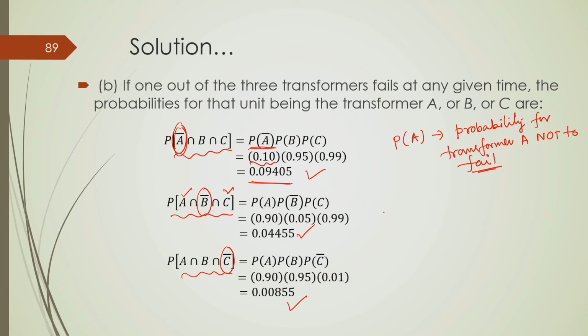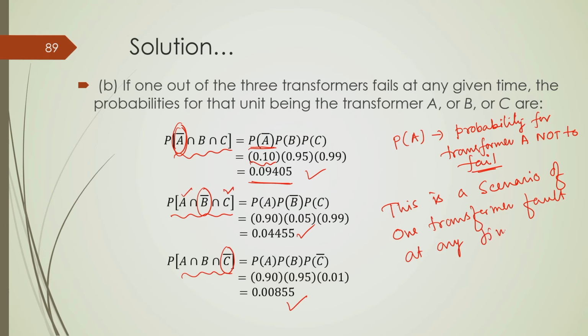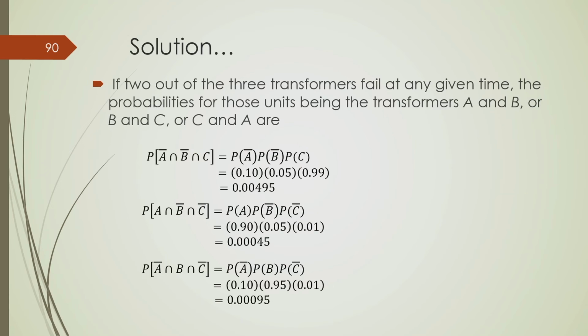This is a scenario of one transformer fault at any time. Individual probability you can determine.